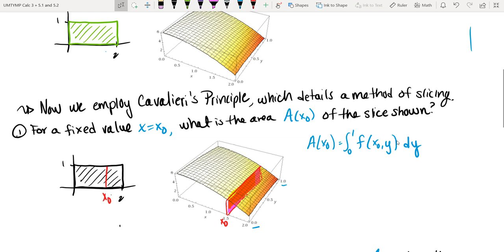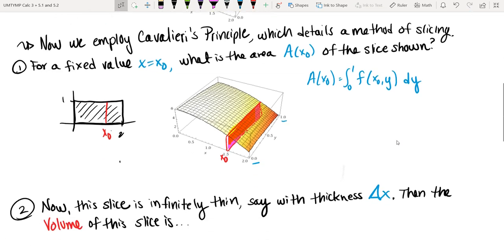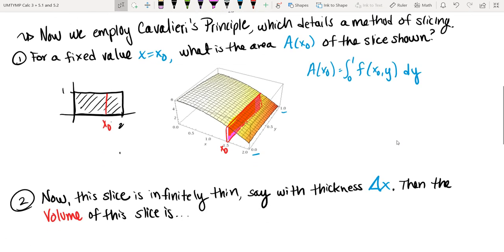Now this is just Calc 1. I've taken the area of that slice, but I'm still interested in the entire volume underneath the surface, not just that slice. This slice is infinitely thin, with a thickness of delta x, or dx, which we'll see later. The volume of that slice should be A of x0 times delta x.